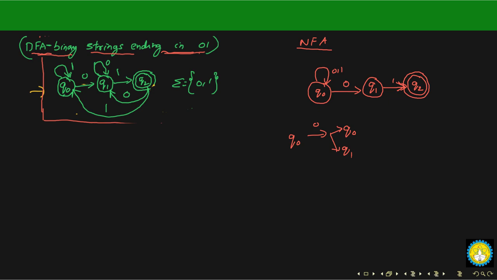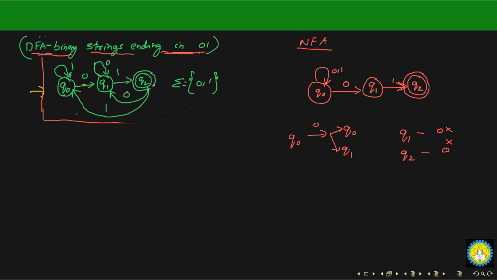Now from Q1, look at Q1. From Q1, the 0 transition is not at all defined. Similarly at Q2, none of the transitions are defined.